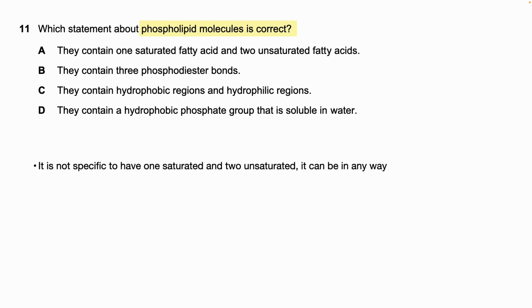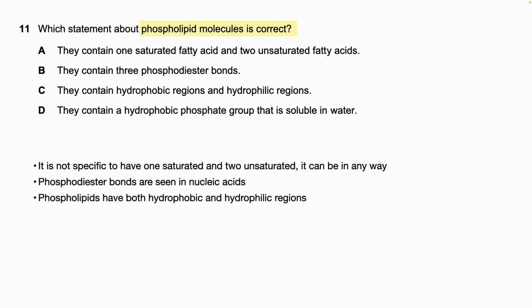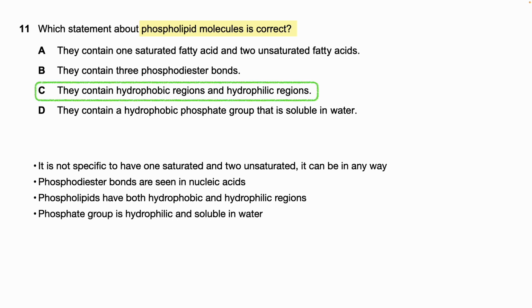The fatty acids can be one or two unsaturated, or even more unsaturated fatty acids can be present, which are called polyunsaturated fatty acids. They do not contain 3 phosphodiester bonds, as phosphodiester bonds are seen in nucleic acid. Phospholipids have both hydrophobic and hydrophilic regions, as in the cell membrane, which are water-hating and water-loving regions. So statement C is correct, and the answer is C.